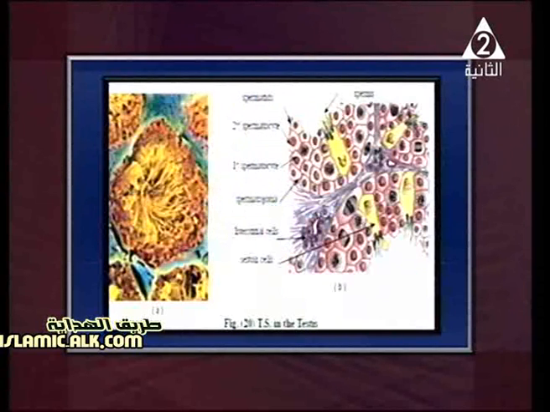And we have here a TS of the testis that shows us the spermatids and the spermatocytes, and after that the first spermatocyte and the spermatogonia, and interstitial cells in between those cells, and we also have Sertoli cells. The left side picture is under the microscope, while the right side is just diagrammatic to help understanding.